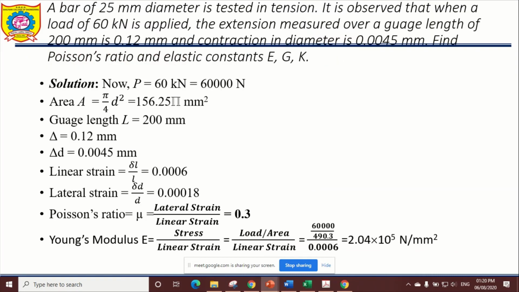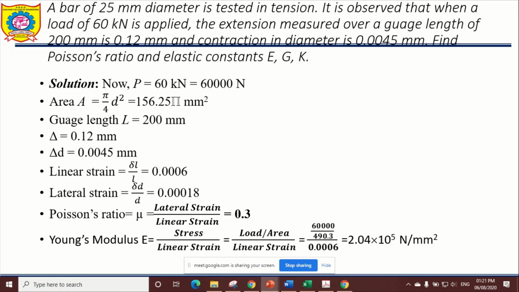We have found the Poisson's ratio, also Young's modulus. Poisson's ratio mu is lateral strain upon linear strain. Young's modulus is stress upon linear strain. Linear strain means strain. Because we apply the load, there is a change in dimension upon original dimension, that is linear strain or axial strain. So by using the formula, we find Young's modulus, 2.04 into 10⁵ Newton per millimeter square.